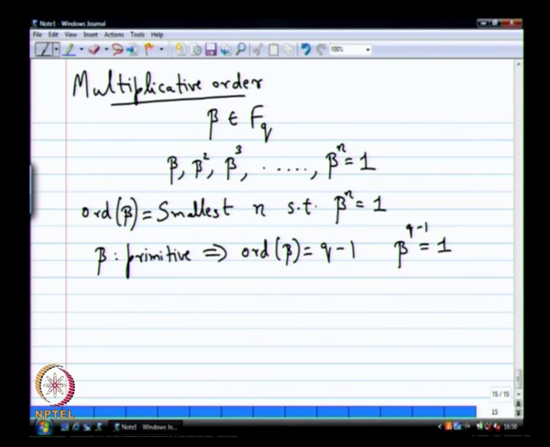So if I have Fq to be 0, 1, alpha, alpha squared, and so on till alpha power q minus 2, I know the order of alpha is q minus 1. So this is easy.